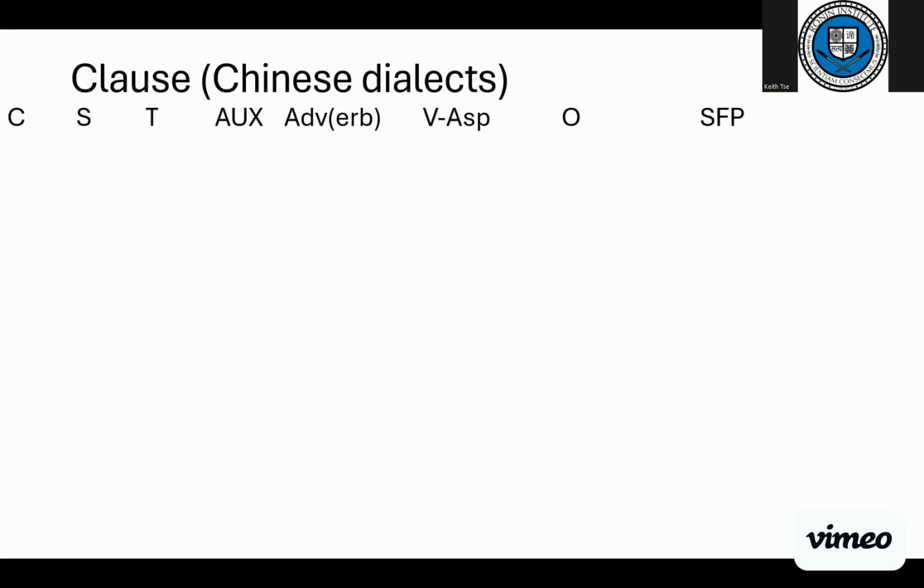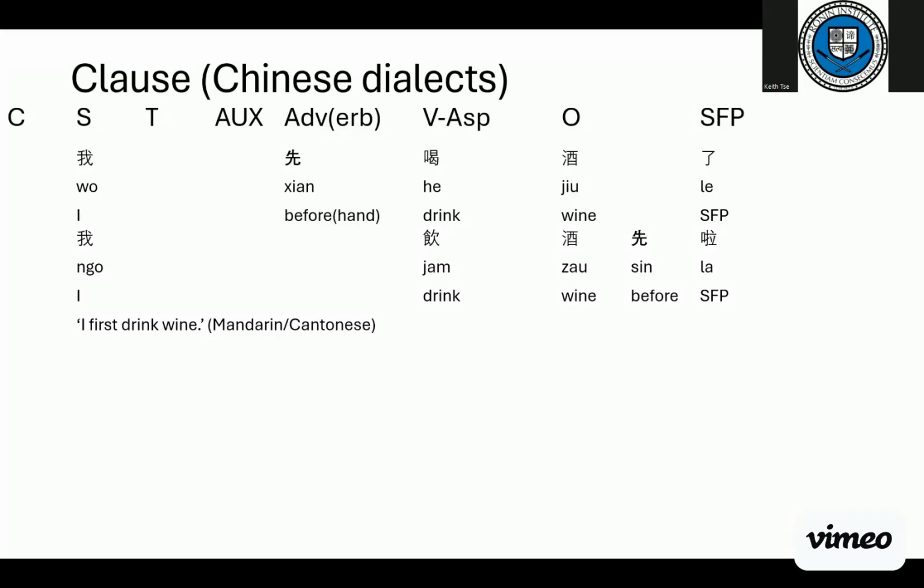If we look at the clause structure again, we've got this clause structure which applies to all Chinese dialects. So if we look at this example, 我们先喝酒了, we've got the 先, which is the adverb before the verb. The Cantonese equivalent is 我哋飲酒先啦. Both of these examples mean I first drink wine or I drink wine first.